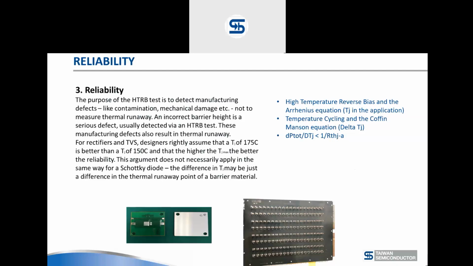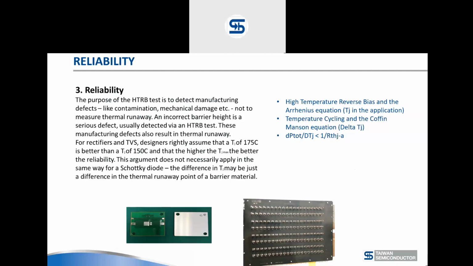However, if you use those, then your delta TJ, the difference between your junction temperature with on and off cycling, will be higher. And this means that the Coffin-Manson equations will be worse. So that pushes you more up to 150 degrees C rated product to reduce the VF. So there are conflicting pressures on Schottky diodes.